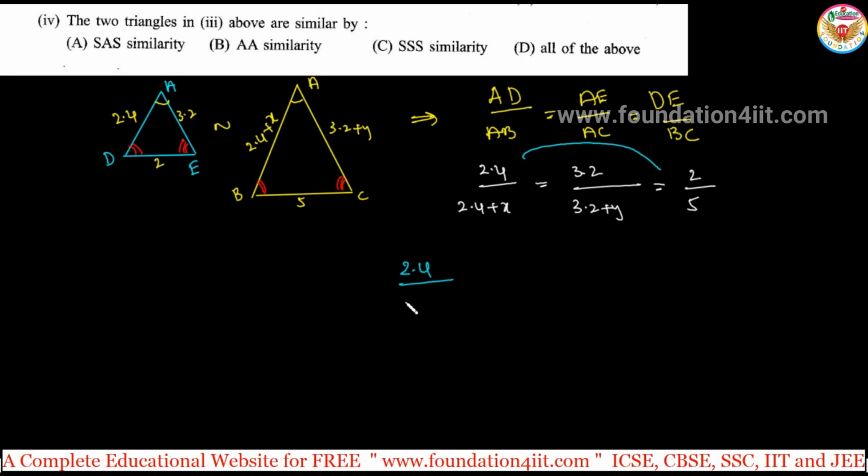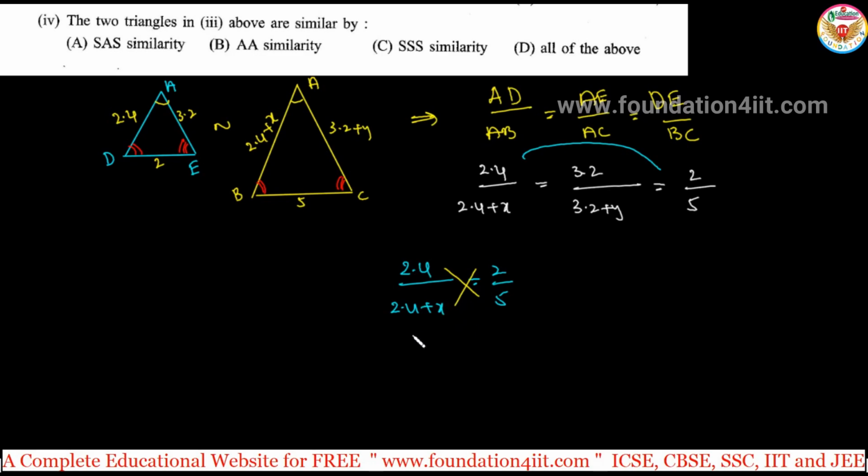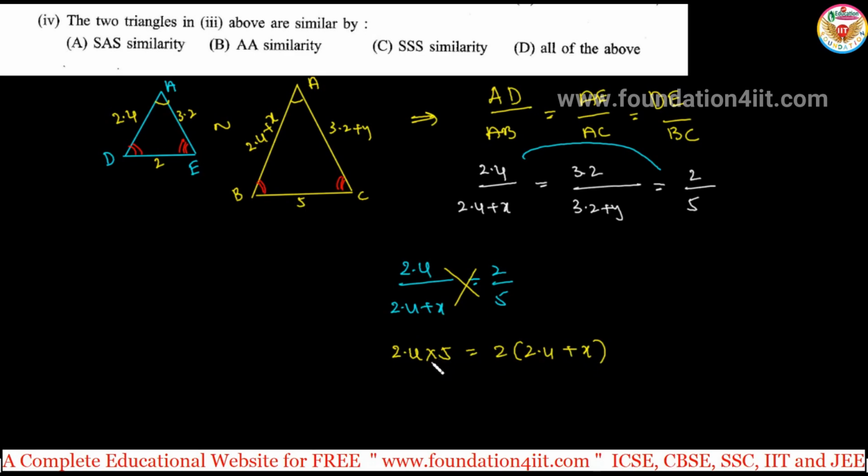First and last, these two will take. So 2.4 by 2.4 plus x is equal to 2 by 5. Do cross multiplication. 2.4 into 5 is equal to 2 into 2.4 plus x. 2.4 into 5, so it's 12.